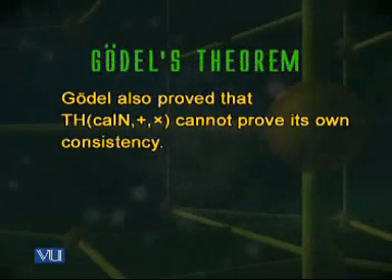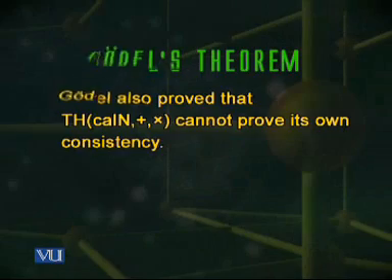Gödel showed that number theory can never prove its own consistency. Remember what consistency is. A system is called consistent if all the statements that can be proved in that system are true. Roughly speaking, a system is consistent if it does not allow us to conclude absurdities.